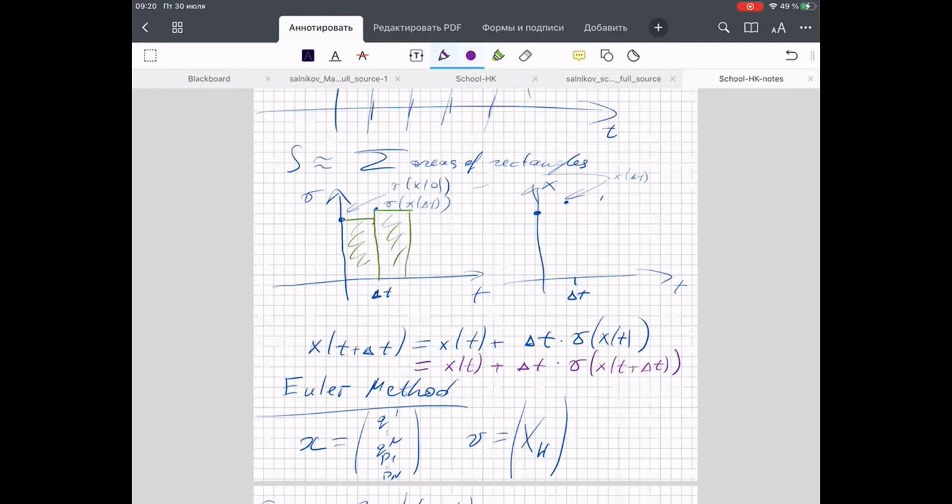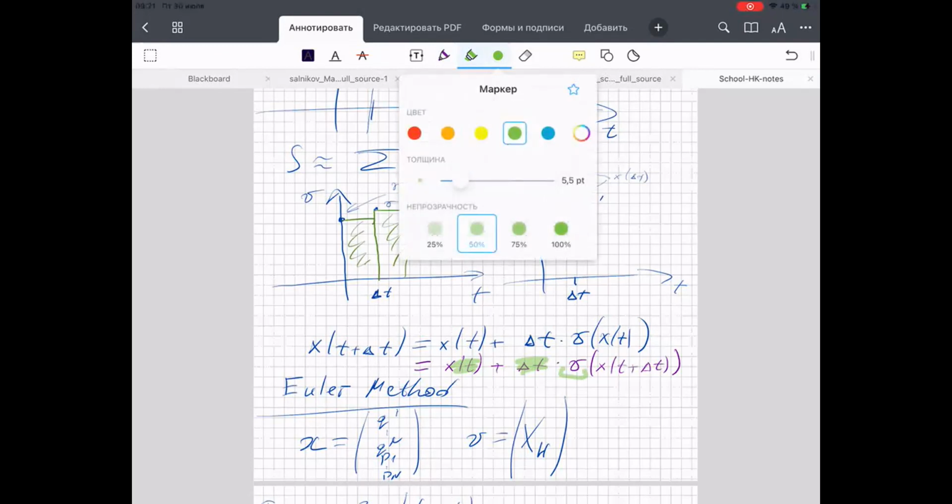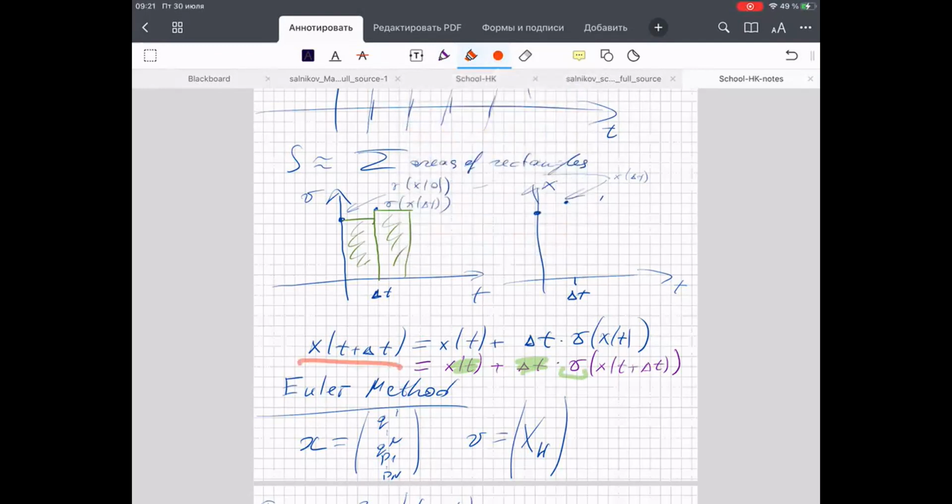Can I do this explicitly? No, because I don't know x of t plus delta t. But that will give me some relation between them, right? I know this function explicitly, so I can compute it at each point that I want, but I don't know these two guys.